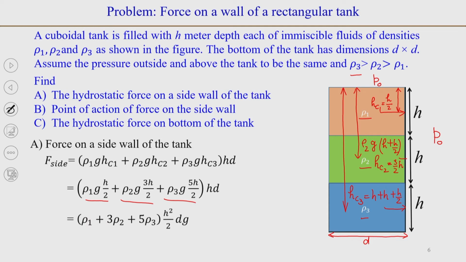So, we will have rho 1 plus 3 rho 2 plus 5 rho 3 into h square by 2 d g. Now, if we simplify this, where rho 1 is equal to rho 2 is equal to rho 3, then we will have 9 rho h squared by 2 g d. Okay. So, 9 by 2 is 4.5.